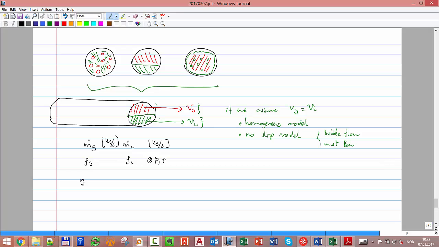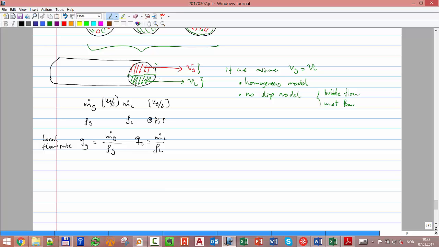And then we calculate Q, the local flow rate of liquid and gas. So Qg will be mg divided by rho g, and Q liquid will be m liquid divided by rho liquid.